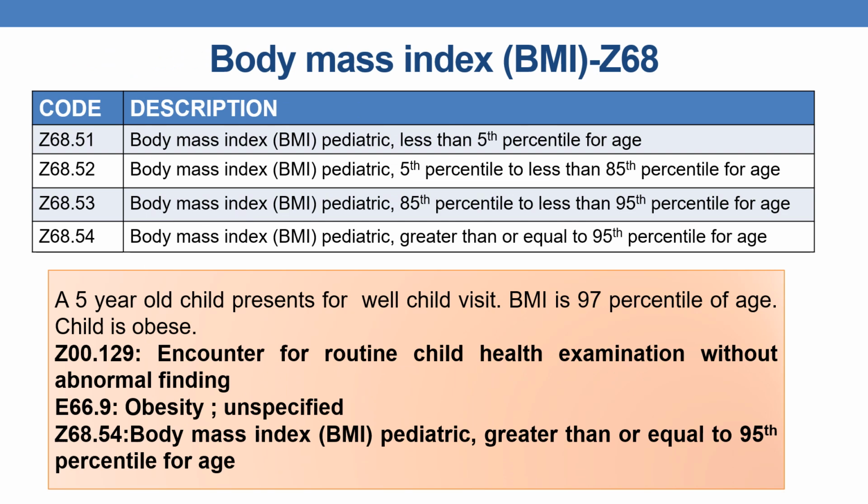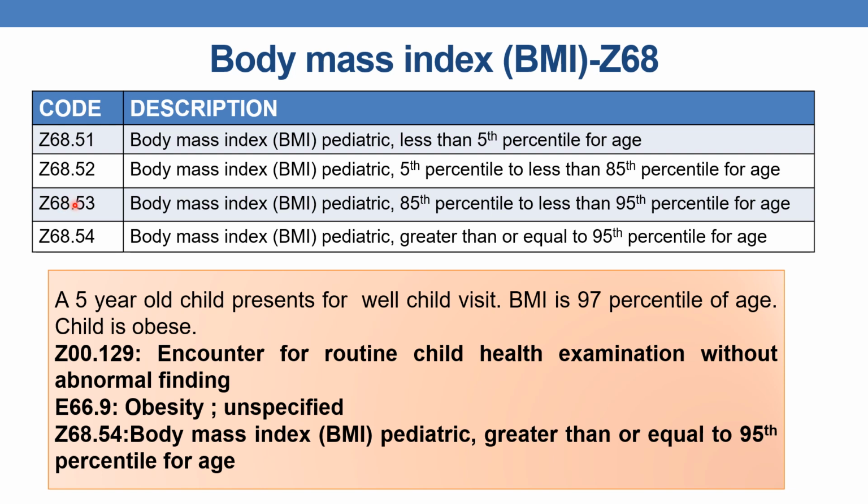Now, Z68.5 deals with body mass index of a child, and it is governed by percentile for age. If you can see here, Z68.51 indicates body mass index pediatric, less than 5th percentile for age.